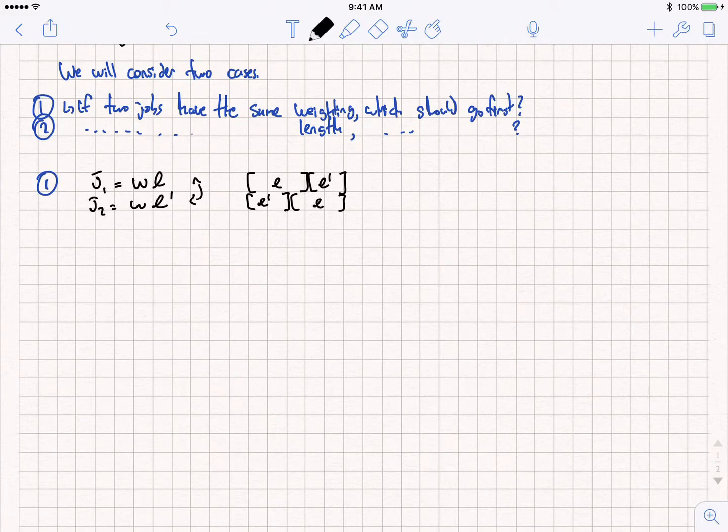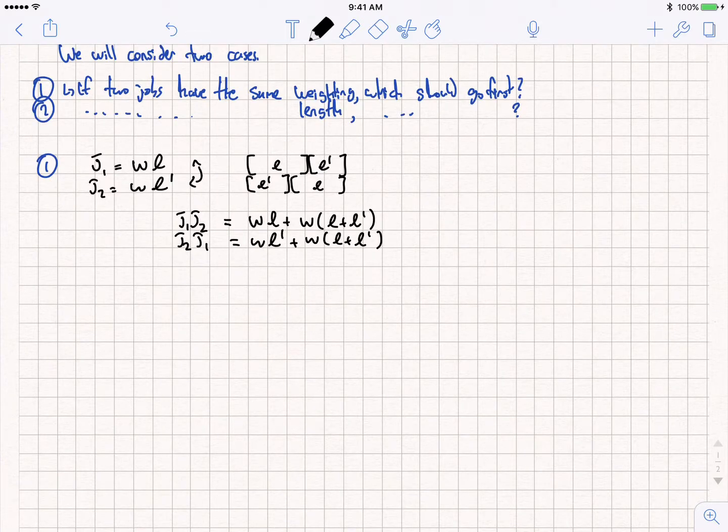How do we decide between these two orderings? Let's calculate the score. The cost of the arrangement J1, J2 is the weight times L plus the weight times (L plus L prime). The cost of J2, J1 is the weight times L prime plus the weight times (L plus L prime).